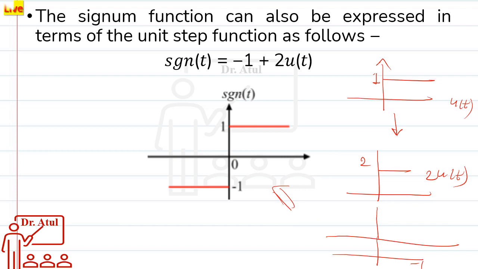So signum of t is equal to minus 1 plus 2u(t). It is important and useful many times in analysis.